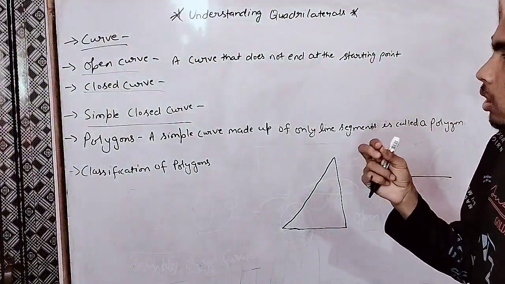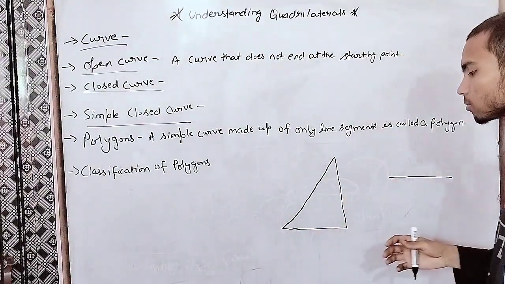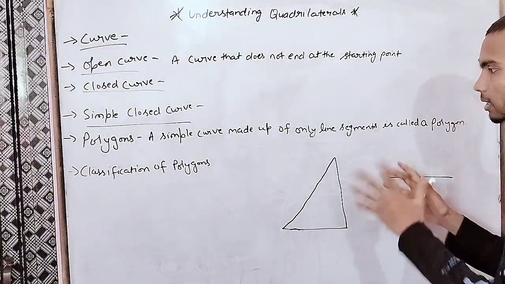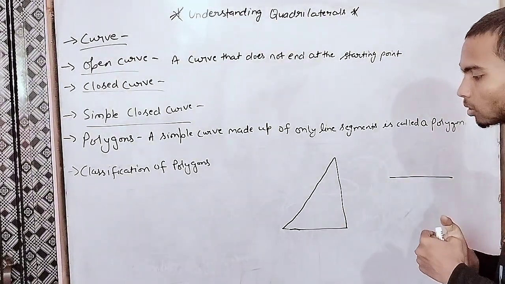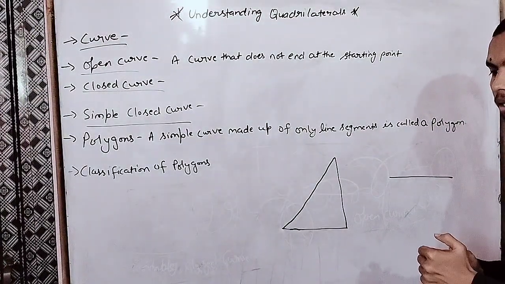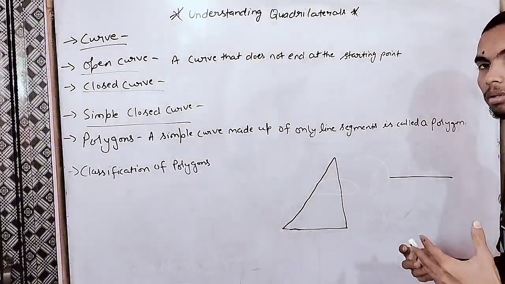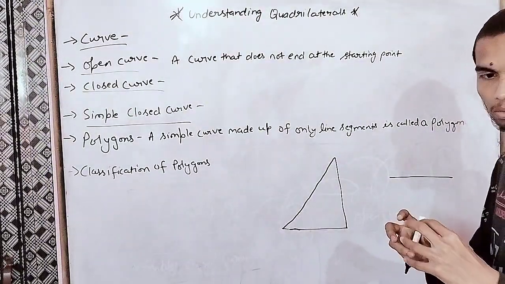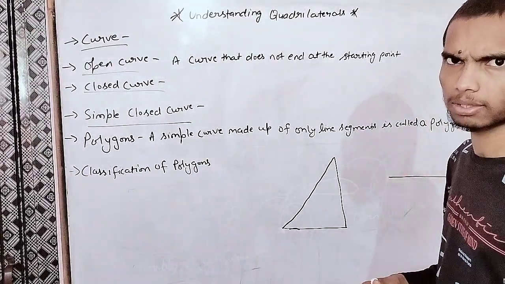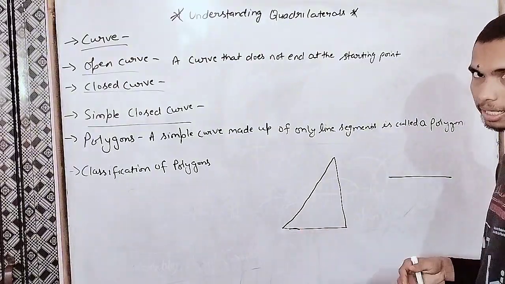So now in your mind, this is the definition: to make a polygon, we can start from three line segments, then four line segments. With three line segments we can create a triangle.